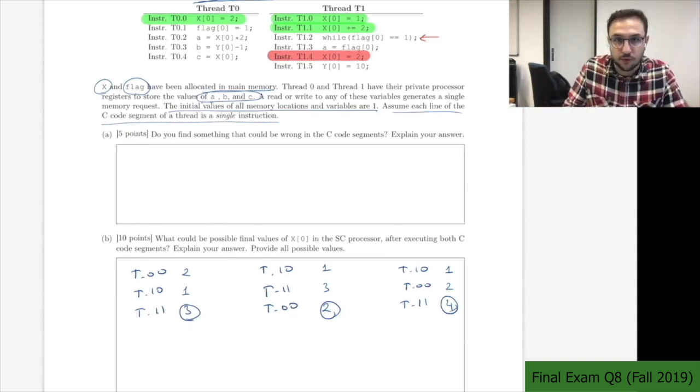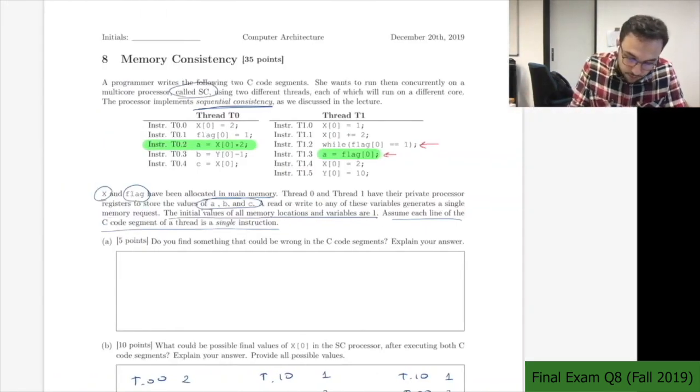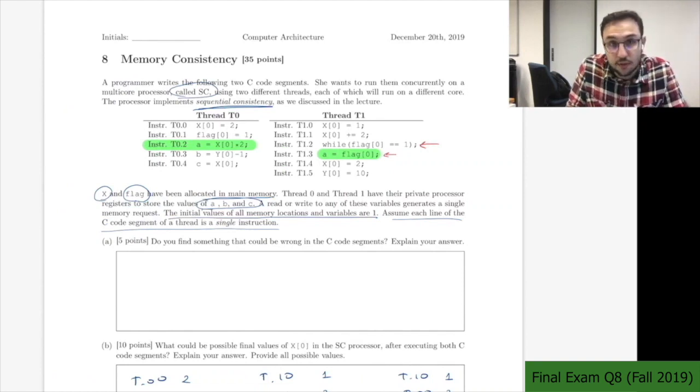Let's go to the next question. The next question asks about all possible values that A can get in this processor after running the C codes. So let's look at A. A's value changes in T0.2 or T1.3. And we know from the first question that the code never reaches T1.3 because of the infinite loop.